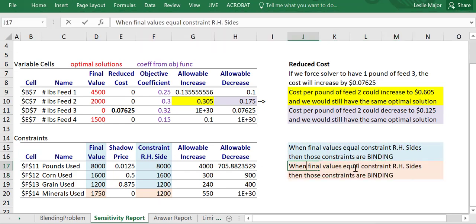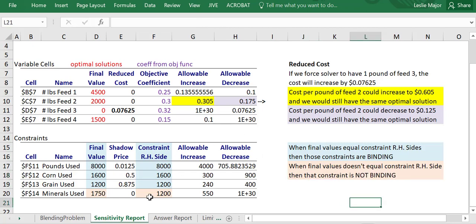So when the final value doesn't equal the constraint right-hand side, then that constraint is not binding. So we don't have a problem satisfying the mineral constraint. In fact, we could go 550 above in this case, no problem.